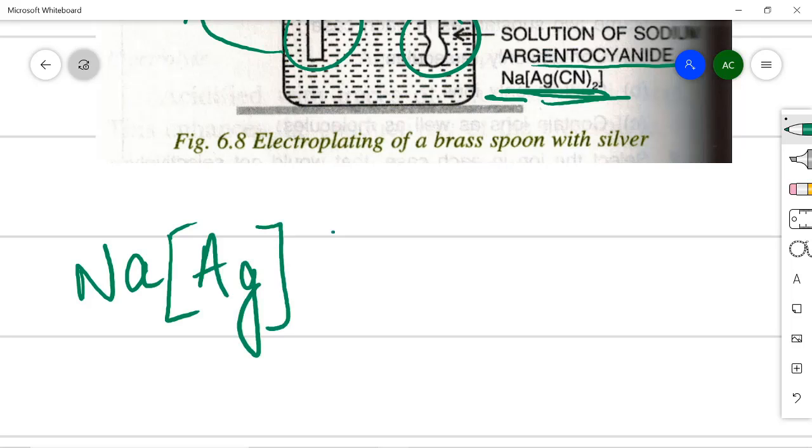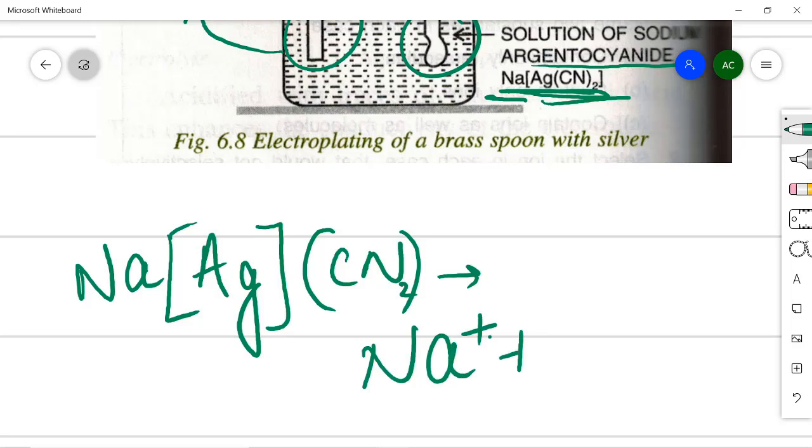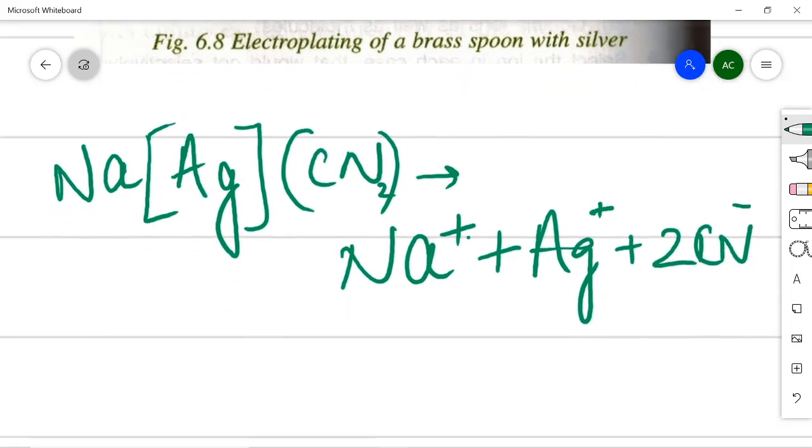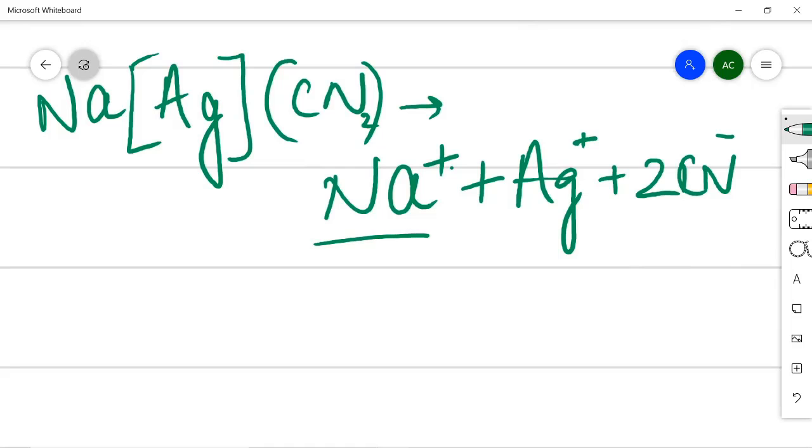If I break sodium argentocyanide, it will dissociate into Na plus ion, silver ion, and I am going to get cyanide ion. Okay, so these are the anions and cations formed.